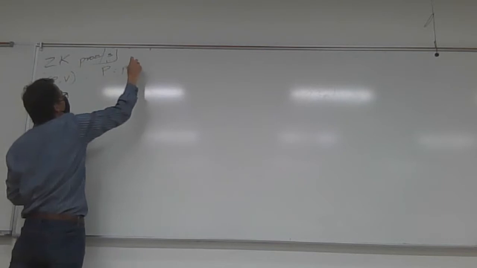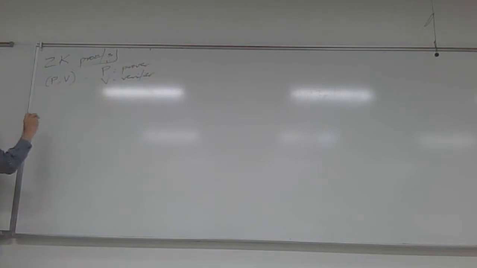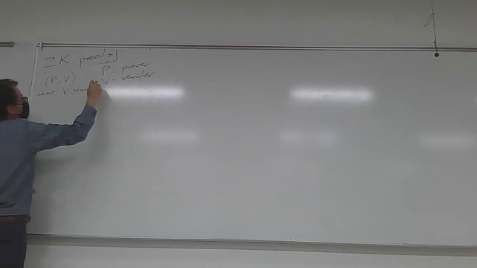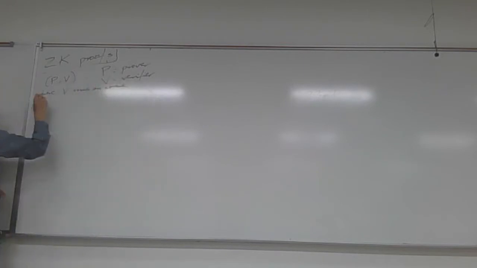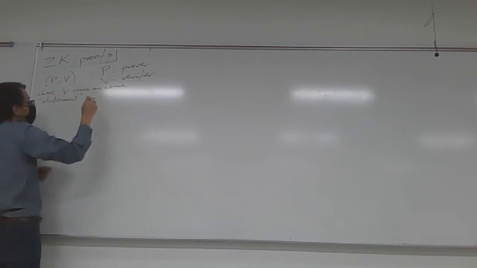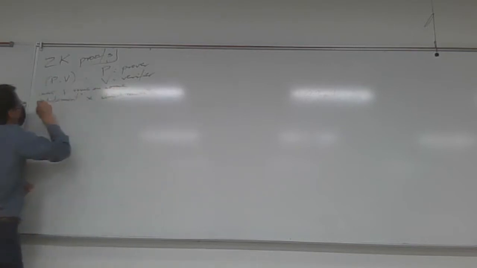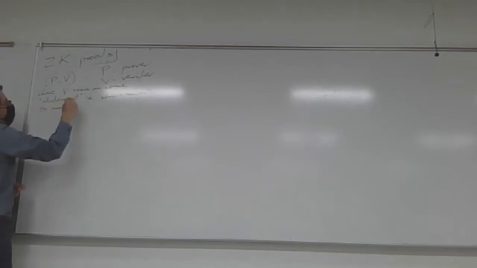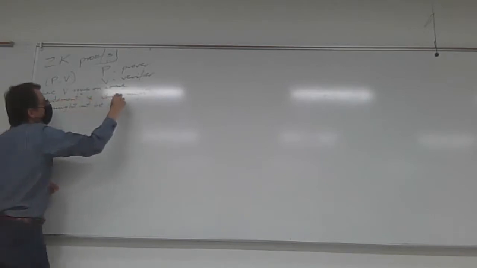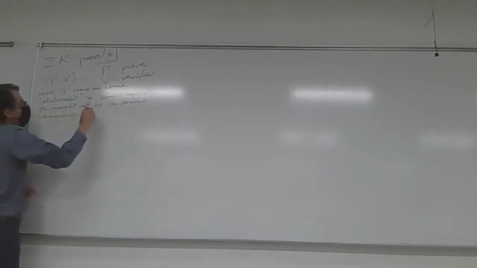P is for prover, V is for verifier, where V runs on some statement X, which might or might not be in some language L. Think of L as some hard language.